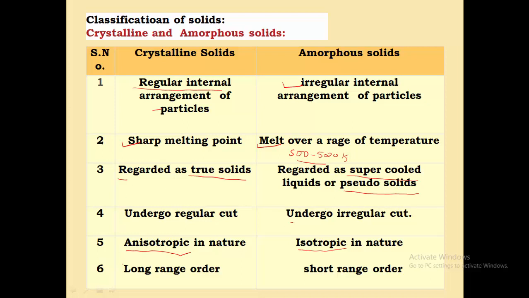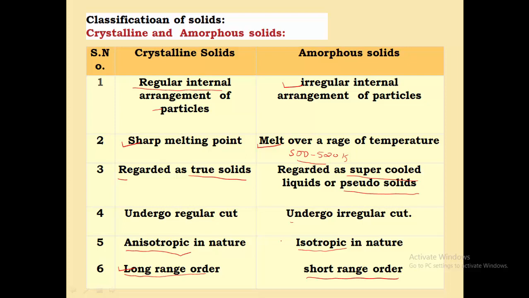Crystalline solids exhibit long range order and amorphous solids exhibit short range order. Long range order means the periodic repetition of the arrangement of particles can be observed over a large extent.